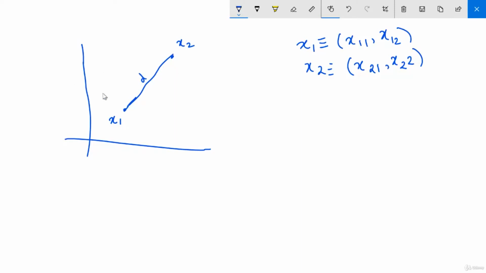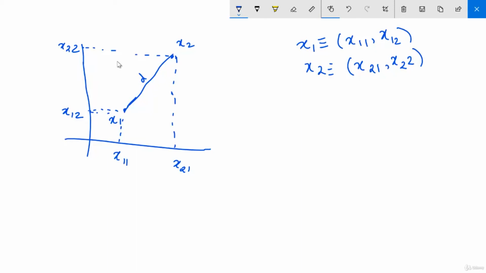So we have the x coordinate. We have the coordinates of the x1 point, which is x12, and for this we have x22. This we have x11. X21. Okay, so we have defined our coordinates.